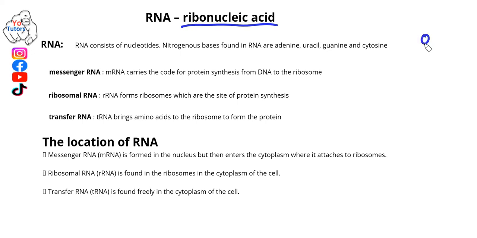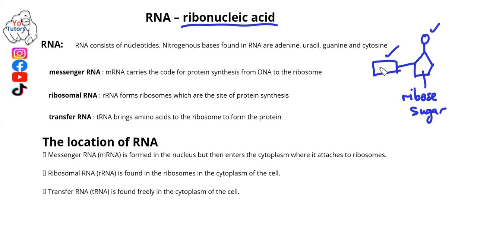We have the phosphate group, we have the sugar, and we also have the base. But on this sugar it's unique now, because this sugar is no longer deoxyribose sugar, it's ribose sugar. But the phosphate group and the nitrogen bases remain the same.